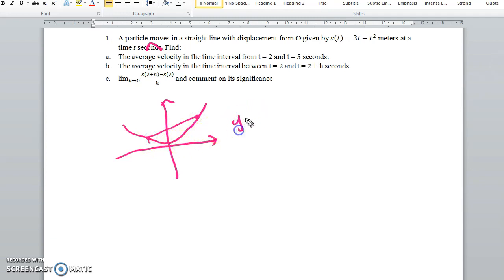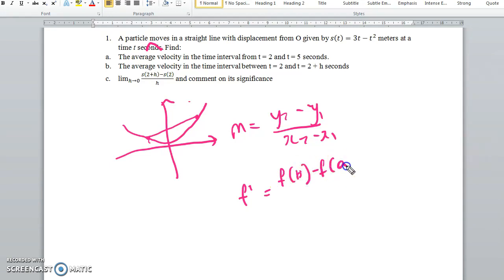So we can use our m equals y2 minus y1 over x2 minus x1 formula, or we can also use our average velocity formula, which is f of b minus f of a over b minus a.